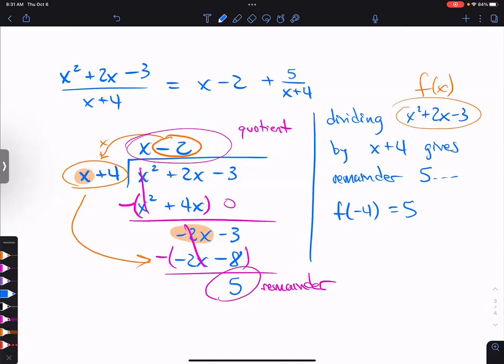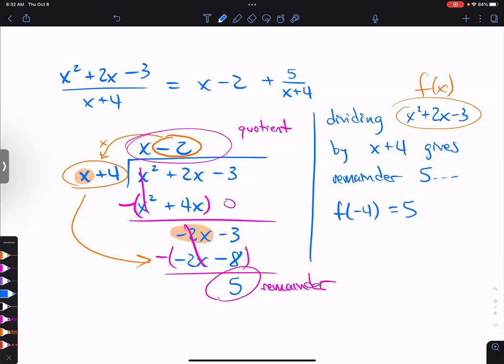And you can check: if you plug negative 4 into that, you get 16 minus 8 minus 3, you get 5, right? So that's the remainder theorem. Those two things are the same. So if you see a question about the remainder theorem, you can check your answer by plugging the value in and seeing what you get. But the more important thing that we're going to care a lot more about is the factor theorem, when that happens to be 0.